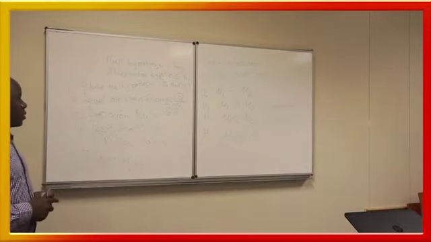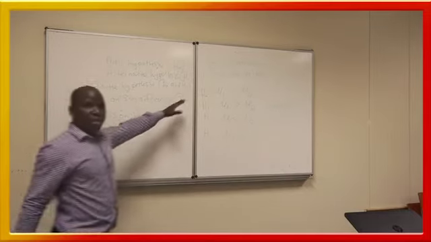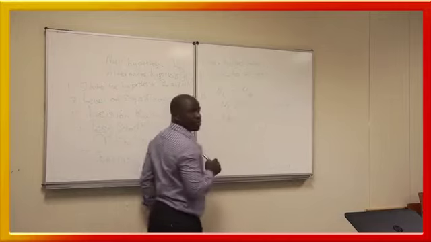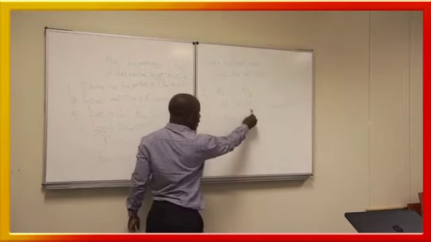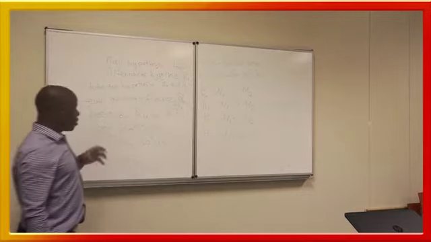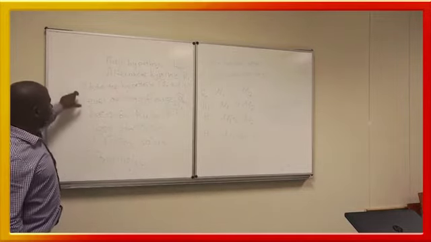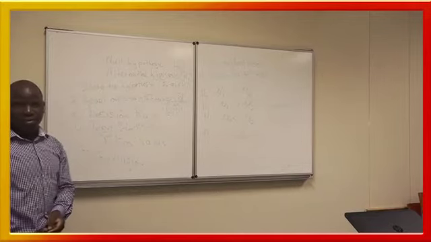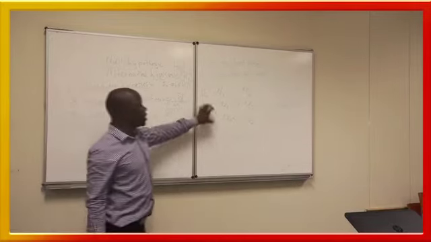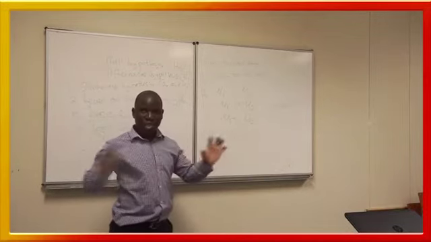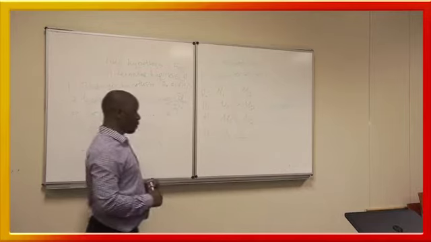From this, it's clear that this is our null hypothesis, and then this is our alternative. So the alternative hypothesis, or the research hypothesis, determines whether we are talking of a one-tailed or a two-tailed test. In this case, you can see that the first two give us a one-tailed test, and the last one gives us a two-tailed test.